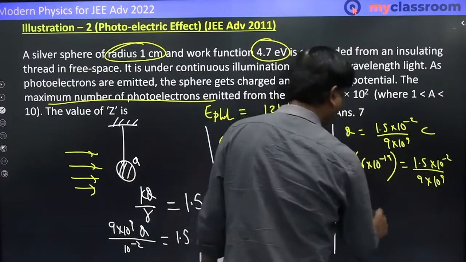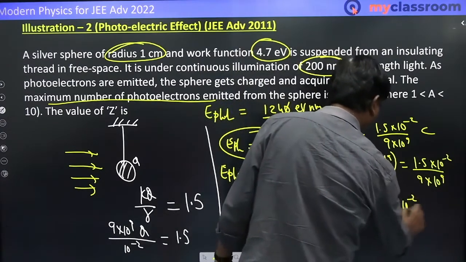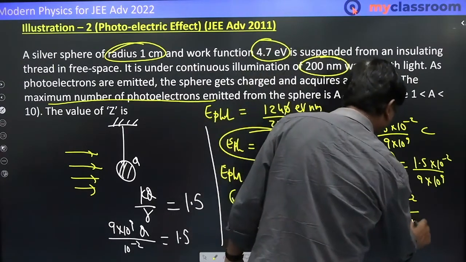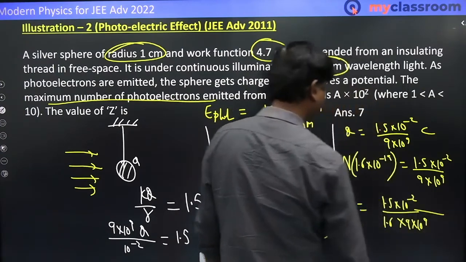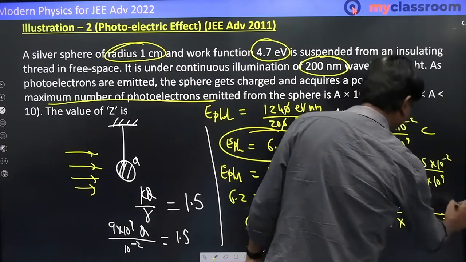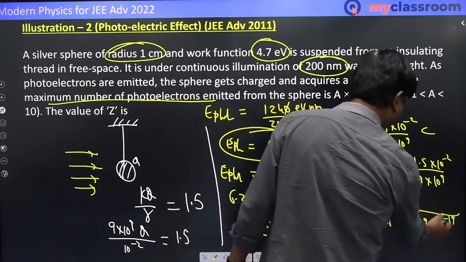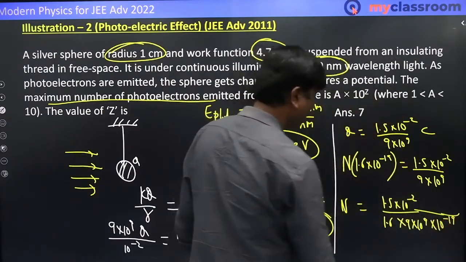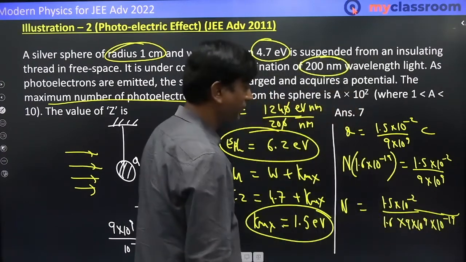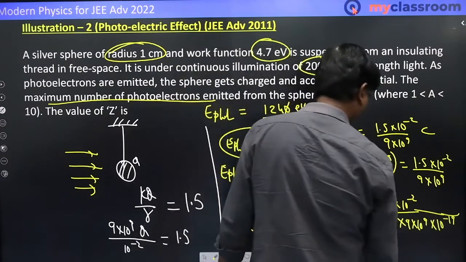What is the value of n then? n is 1.5 into 10 raised to minus 2 by 1.6 into 9 into 10 raised to 9 into 10 power minus 19. Do this calculation. So it will be roughly, with 9 and minus 19, you get 10 power minus 10, so that goes up as 10 power plus 10, and with minus 2, 10 power 8. So 10 power 8.